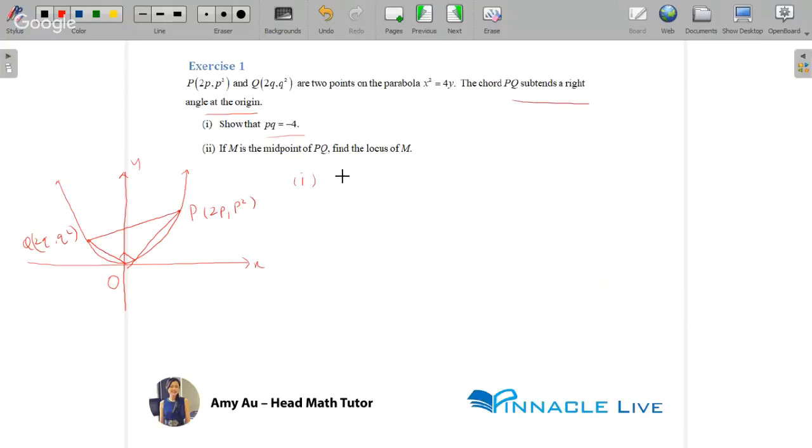All right, so since angle POQ is 90 degrees, then the gradient OP times the gradient OQ should equal -1. So the condition for being perpendicular. All right, so let's figure out what they are first. So gradient OP is just purely applying the gradient formula here.